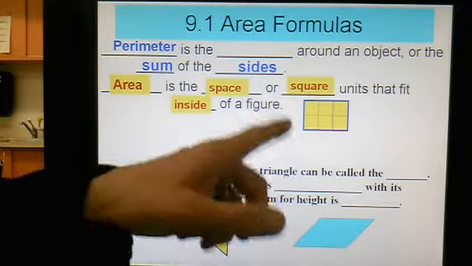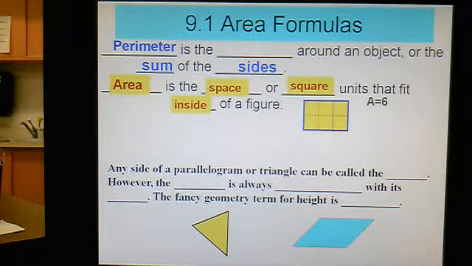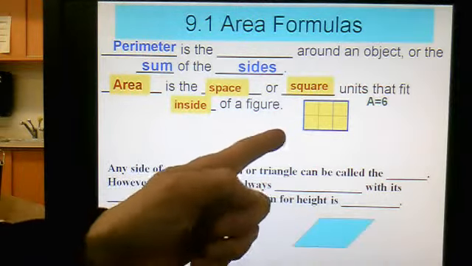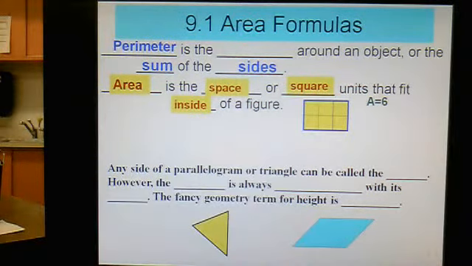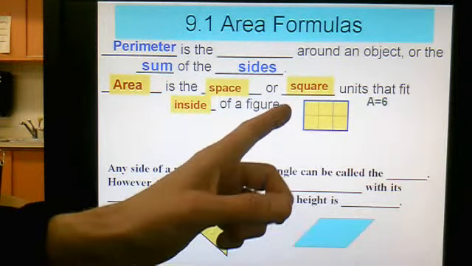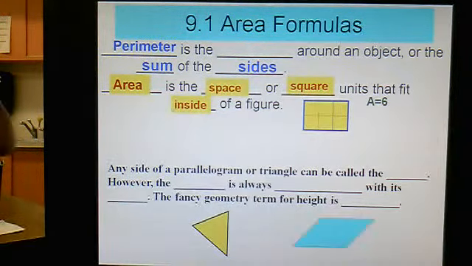So you can see that there are 6 squares fitting inside there. And of course, all of you know that comes from 3 by 2, length times width, for area of a rectangle. Perimeter, you can quickly calculate that by adding 3 plus 2 plus 3 plus 2. Perimeter is 10. So we're going to do a lot of calculating area and perimeter throughout this chapter.